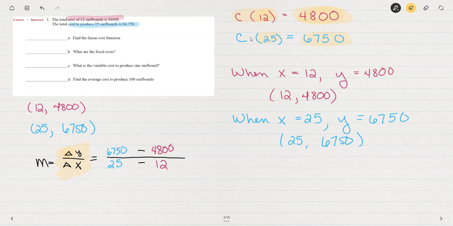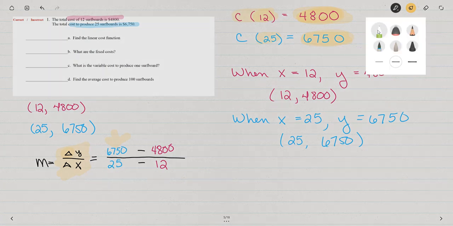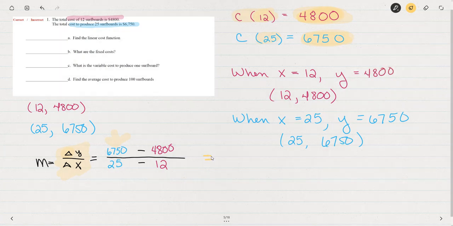Now, as long as I keep the order consistent, I could start with either the 4,800 or the 6,750. I put the 6,750 first because it's bigger, but I could have swapped these around. Let me show you what that would look like. I could have done it with the 4,800 first, and I would have gotten a negative difference, right?